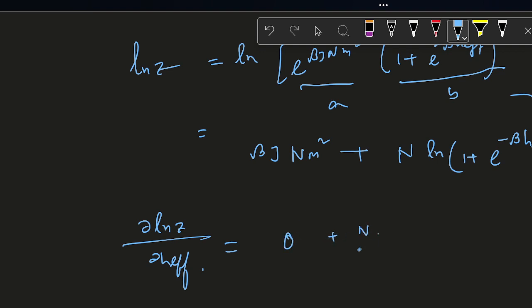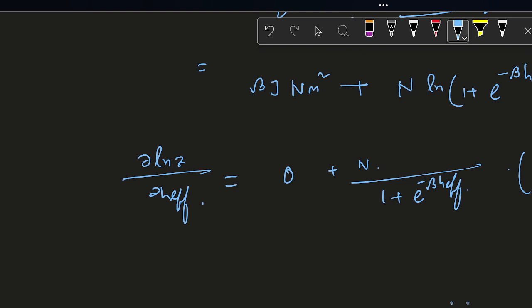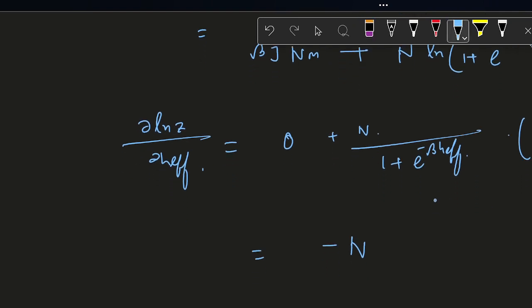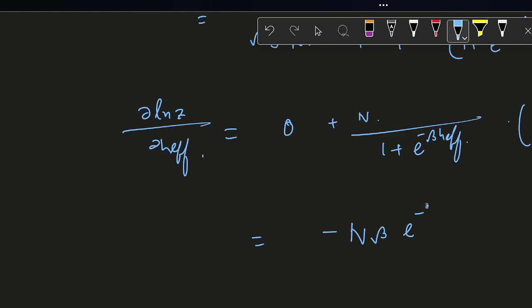The second term is n into, because this is a ln, 1 over 1 plus e to the power minus beta h effective in the derivative, and then because this is an exponential, minus beta e to the power of minus beta h effective. Sorry, this was with respect to beta, no? Yes, this is beta. So minus n beta e to the power of minus beta h effective divided by 1 plus e to the power minus beta h effective.